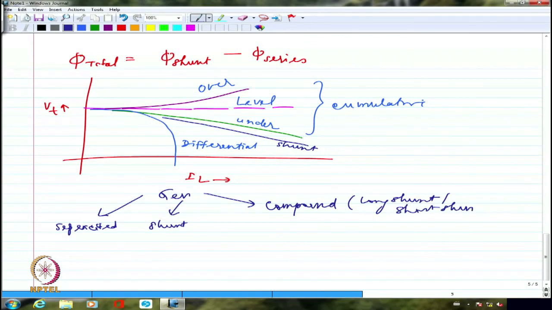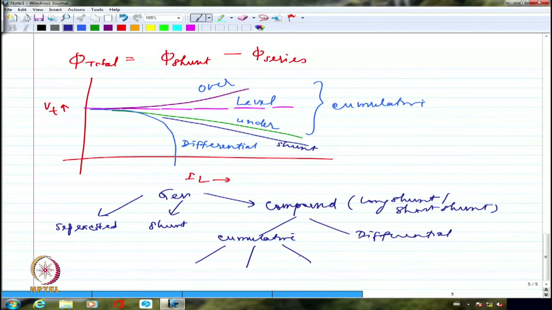But in this itself, there are two: one is cumulative, the other is differential. Under cumulative, I talked about three: one was under compounding, the next is level, and the third is over compounded. Right? Is this clear?